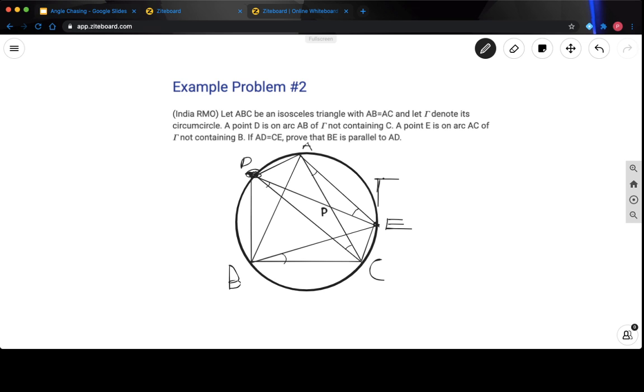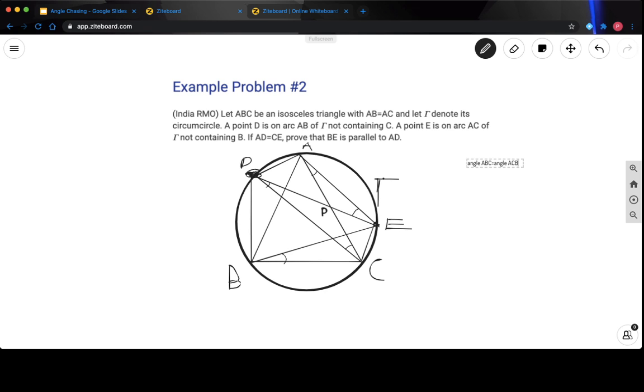Now remember that we are also given that ABC is an isosceles triangle. So this means that, actually let me write this down, angle ABC equals angle ACB, right? Since that's just a property of an isosceles triangle.